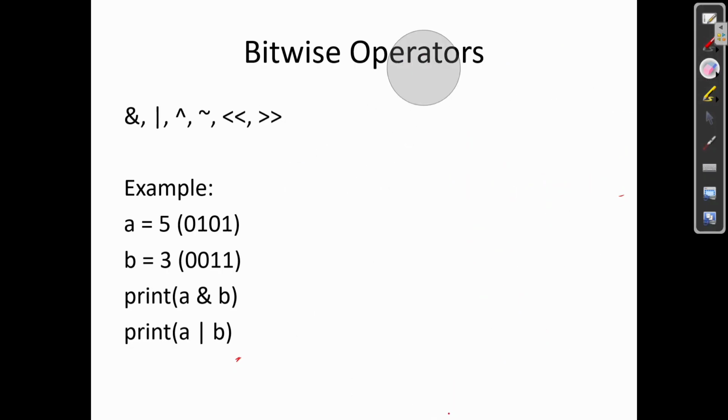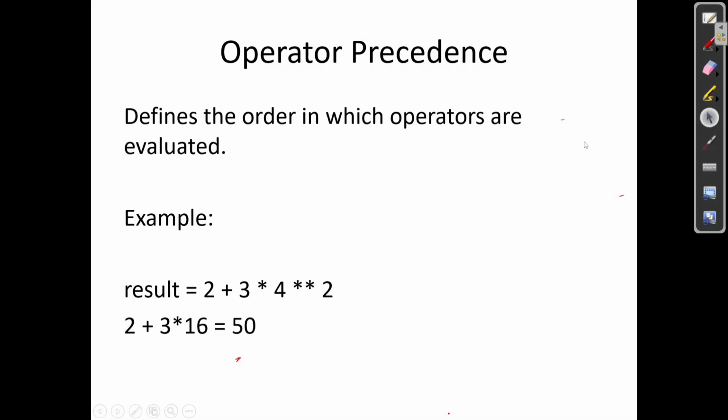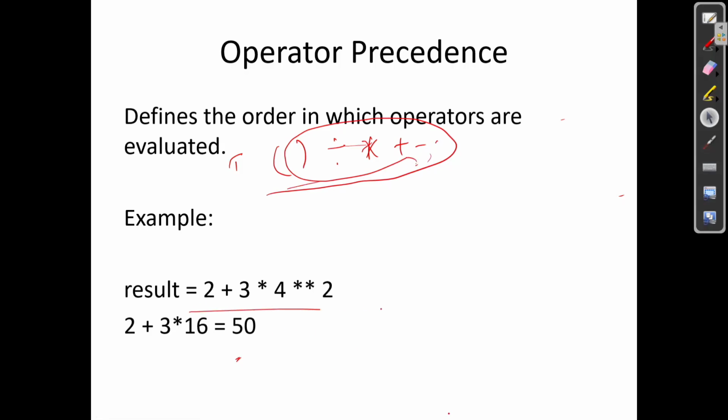Now let's move to the next operator, operator precedence. Operator precedence means nothing but the order in which operators are evaluated. In school time, we have seen the BODMAS rule, means bracket first, then division, multiplication, plus, minus. There were only two, three, four operators, but now here there are so many operators.